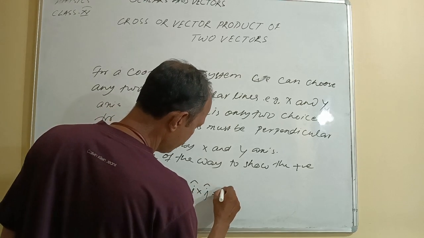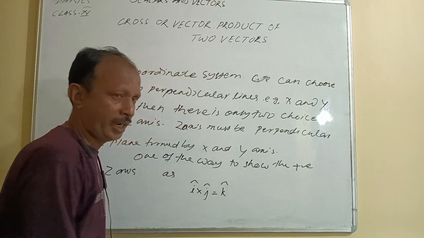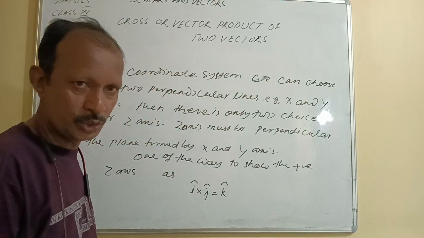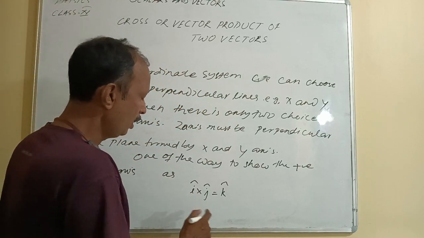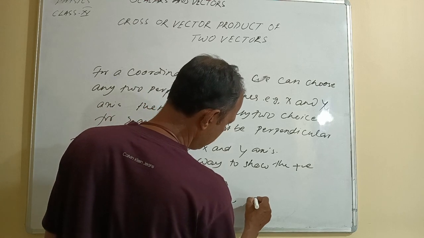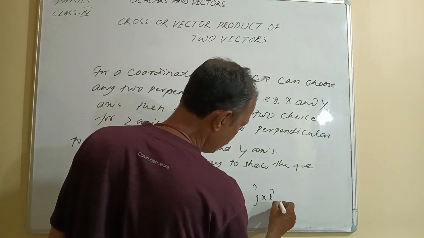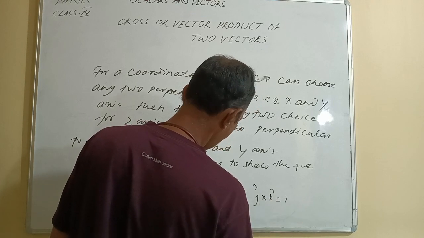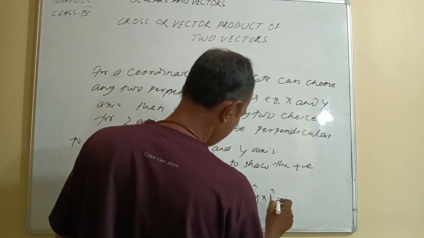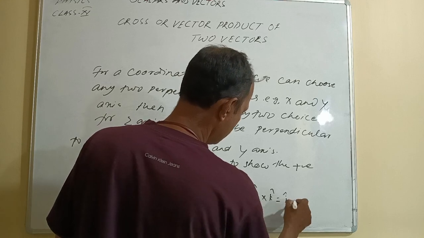I can write this is the k cap. This way we prefer. Otherwise, I can write that j cross k cap is equal to I cap.